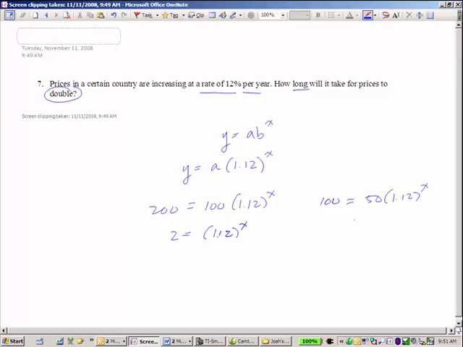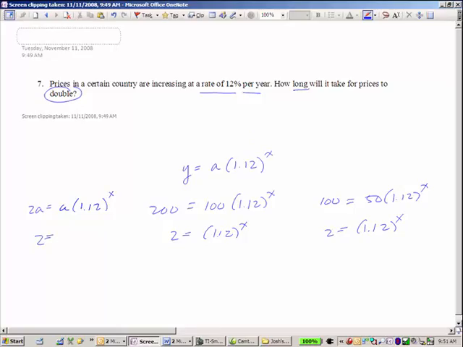The first step you do in this problem, 2 equals that. And if you think about Sam was saying 2a equals a times 1.12 to the x. What's the first step you do? 2. So it doesn't matter where it is, as long as you double it, you're going to come up with the same exact equation, right? All right. Take the logs on both sides. Yeah, I think so. I think that'll work.